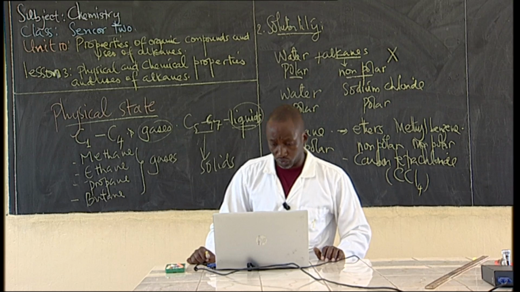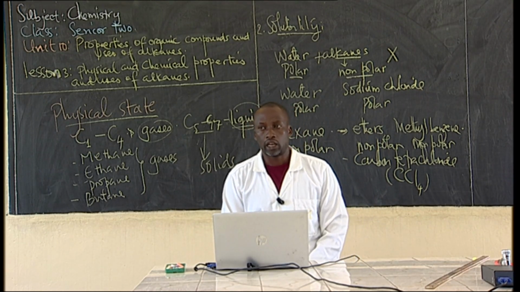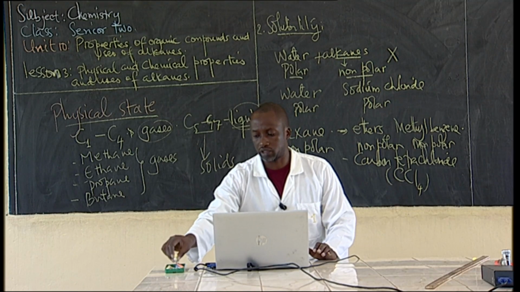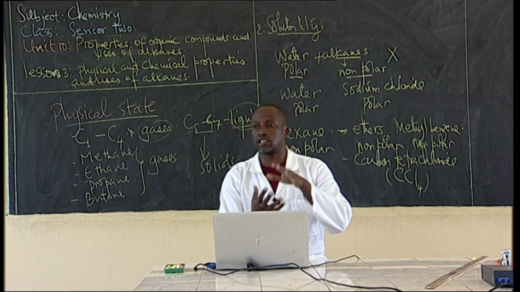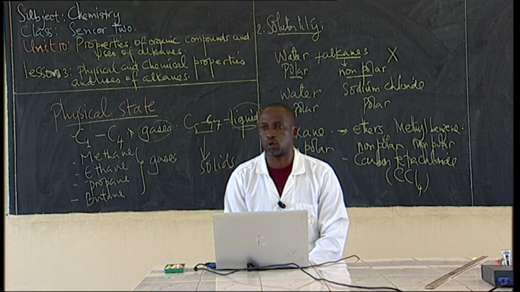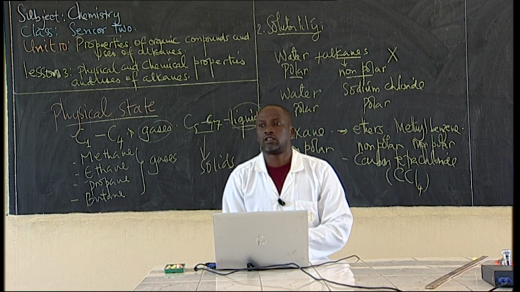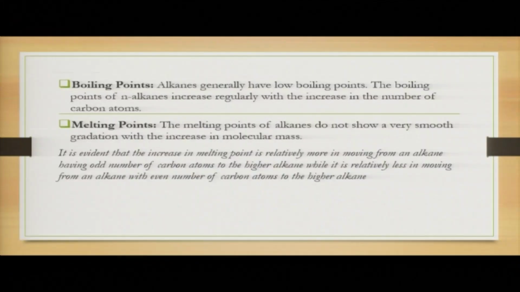So we can also talk about the boiling points. As we have mentioned from the homologous series, there is a gradual increase in physical properties such as the boiling point and melting point as you move down.